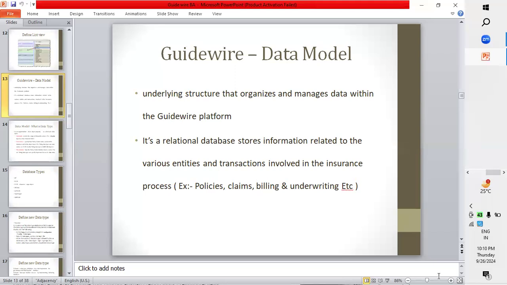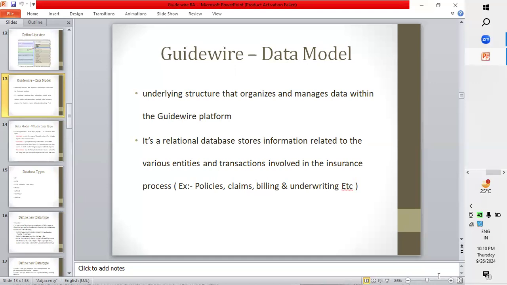Next, third point, billing data, which relates to the payments, also belongs to billing and will be under the data model.